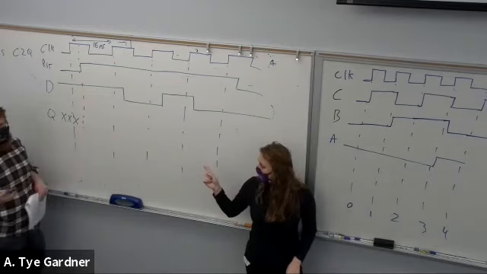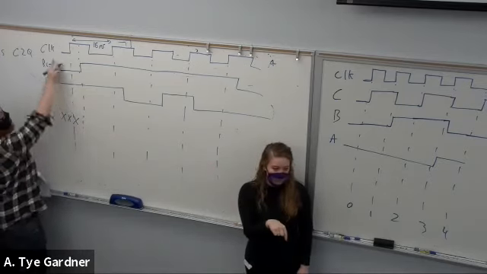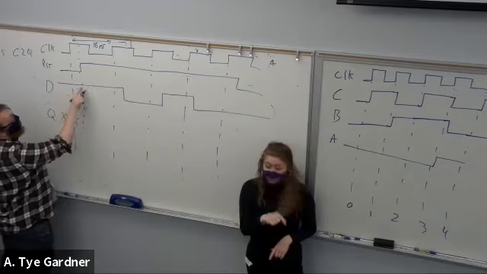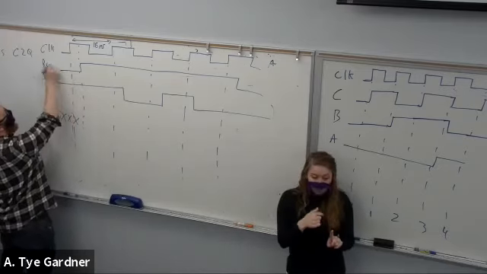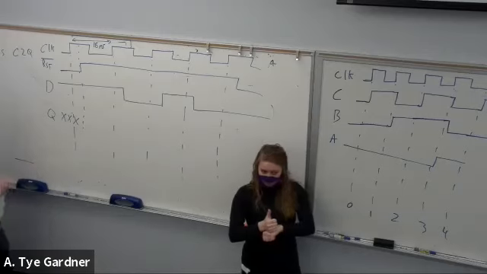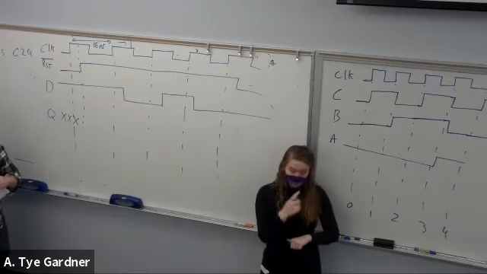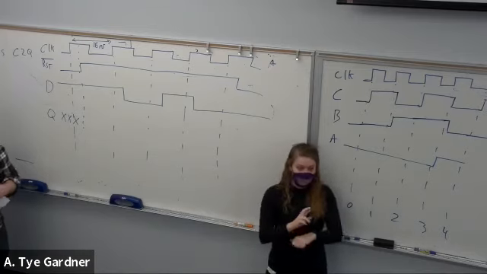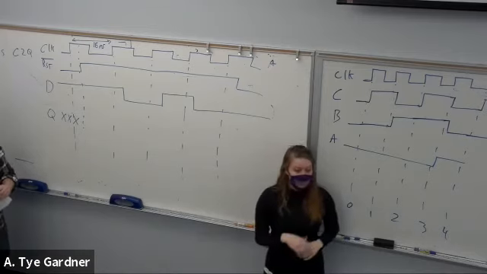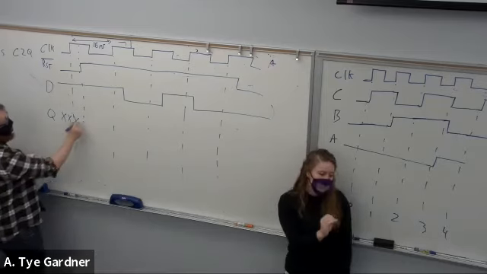I can now know what Q is. And Q is just going to be D, except for the fact that I have reset, and I'm going to specify it's an active low reset. So it's busy resetting. Well, what happens when we reset? What does the value go to? 0, right.